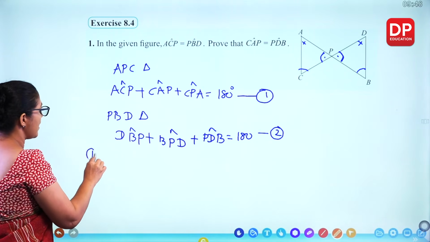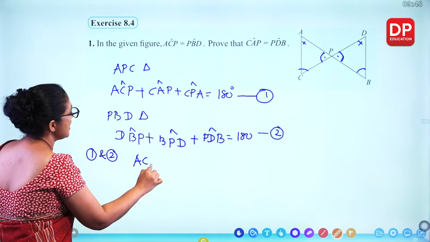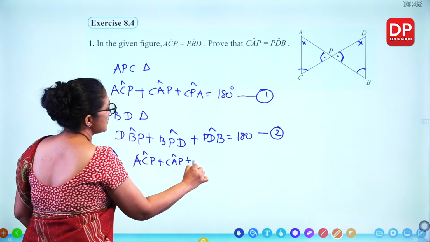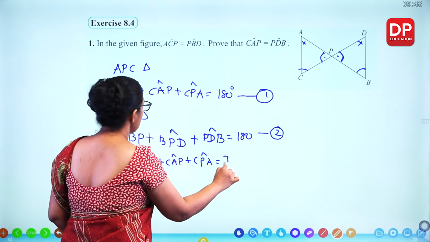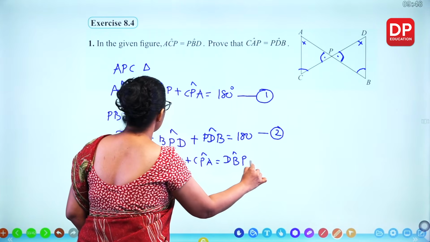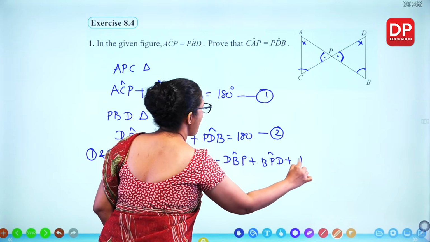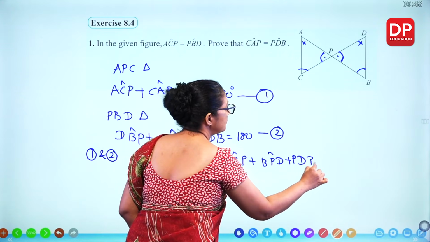So I can write, comparing 1 and 2, I can equate. I can write ACP plus CAP plus CPA is equal to DBP plus BPD plus PDB.